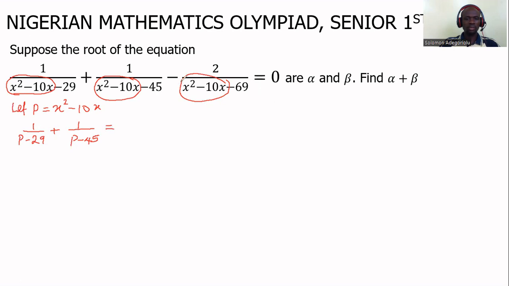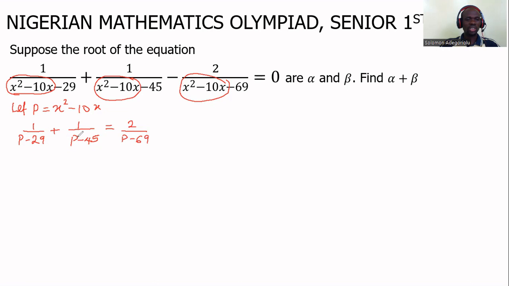By the time you take this one across, it becomes a positive number, so that becomes 2 over P minus 69. All right, this is what we have. So from here now, what do we do?